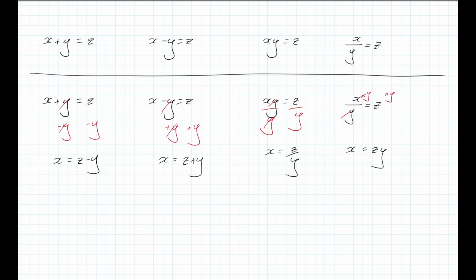We can see why that happened, because we subtracted y from both sides, which got rid of the y on the left side and then appeared on the right side as a minus y. So whenever you're solving an equation, the thing that you want to get rid of will appear on the other side of the equation, but always doing the inverse of what it was doing where it started.